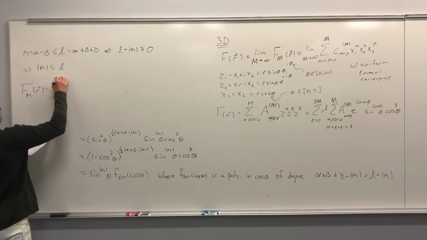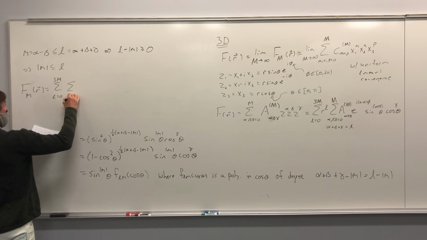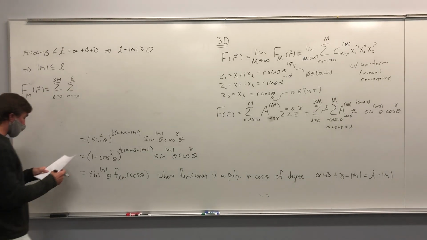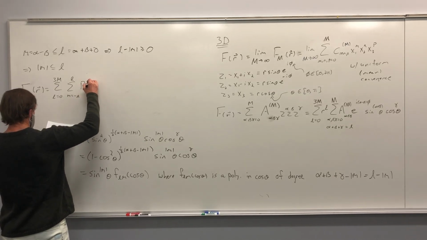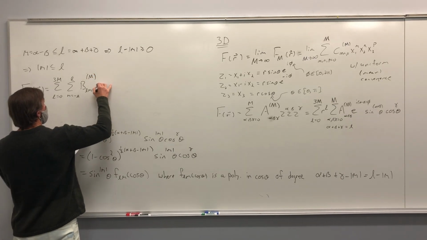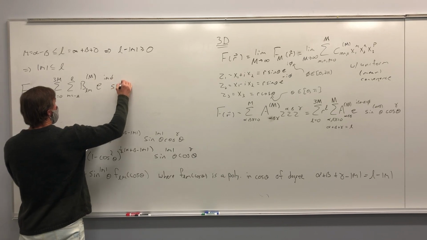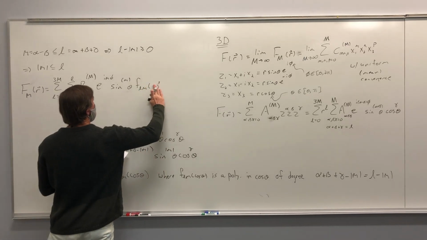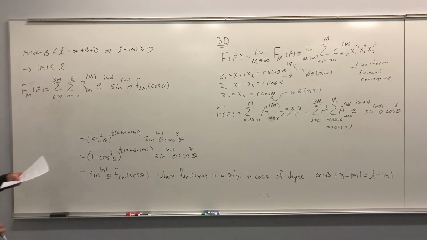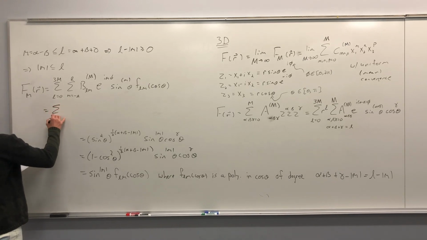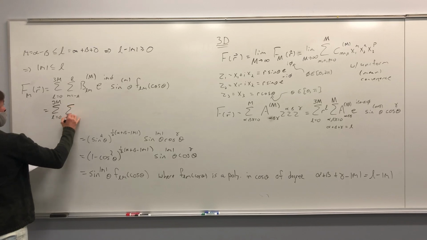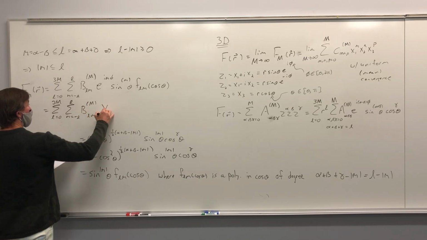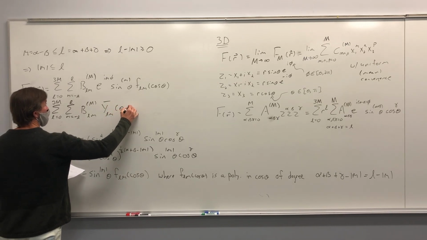Sum from L equals 0 to 3m, sum from m equals minus L to L of B_LM e to the i m phi, sine m theta, F_LM of cosine theta, which we will redefine to be the sum L equals 0 to 3m, sum little m from minus L to L of b_LM y bar_LM of theta and phi.